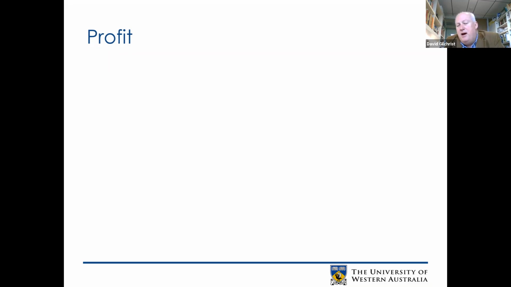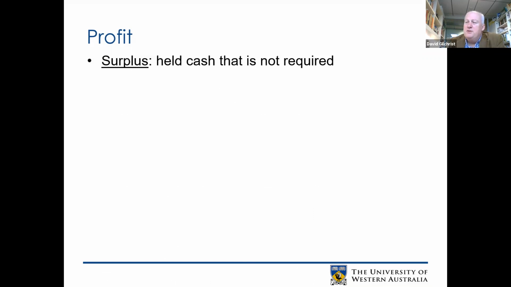And the level of misunderstanding in commerce and in government policy areas, as well as in the sector, to be frank, around this issue is really concerning, because at the end of the day, in a market economy, as I said before, you cannot be financially sustainable unless you're making a profit as an organisation. There's some accounting issues around that as well. So, for instance, in relation to profit, surplus, the word that's often used in relation to charities and not-for-profit, really refers to held cash that's not required.